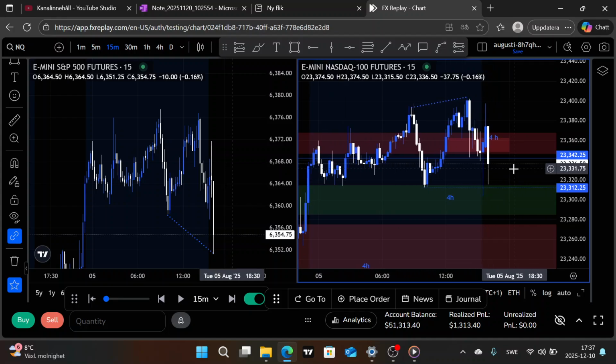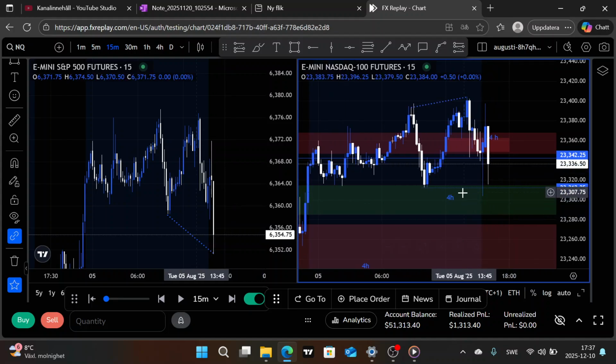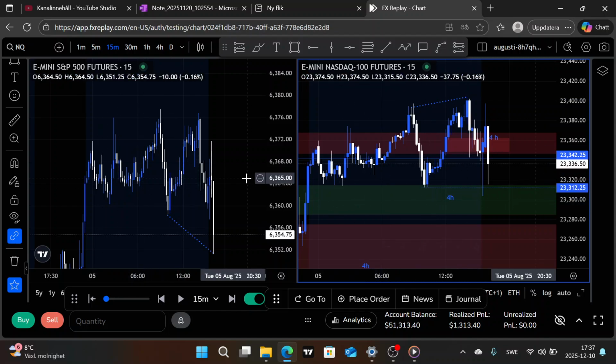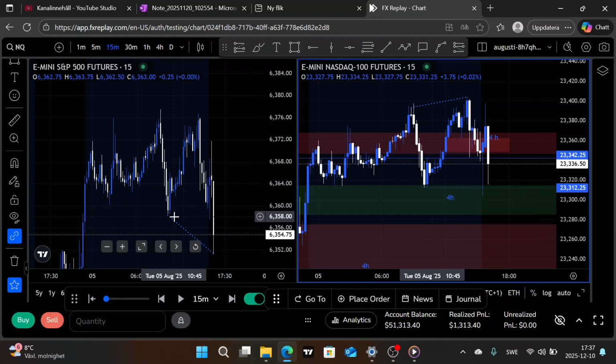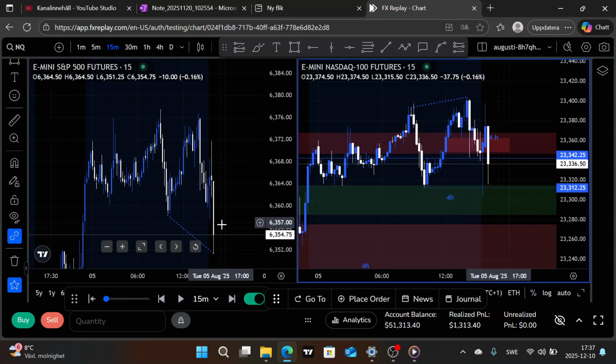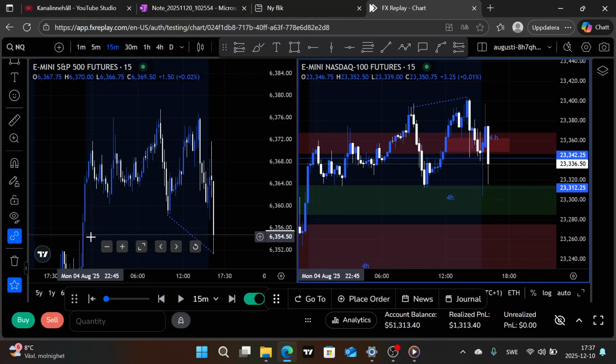Now NQ does not sweep this low, but what does ES do? ES sweeps this low and goes much lower. That means ES also goes through these inefficiencies right here.